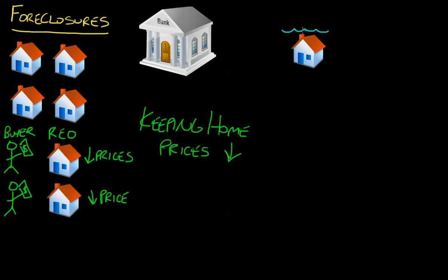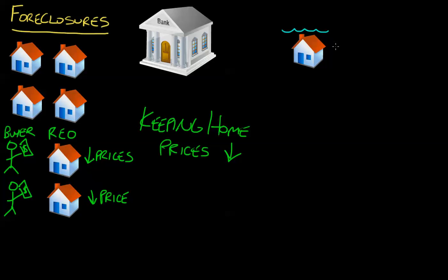Underwater in real estate means when a homeowner owes more on their mortgage than their property is worth. So these foreclosures and bank-owned properties are driving prices down so low that some homeowners find their property is no longer worth what they owe on it.